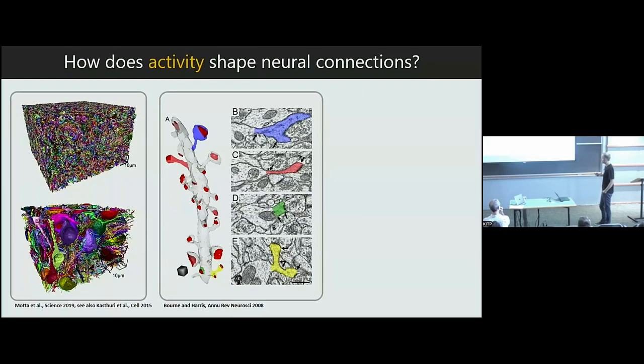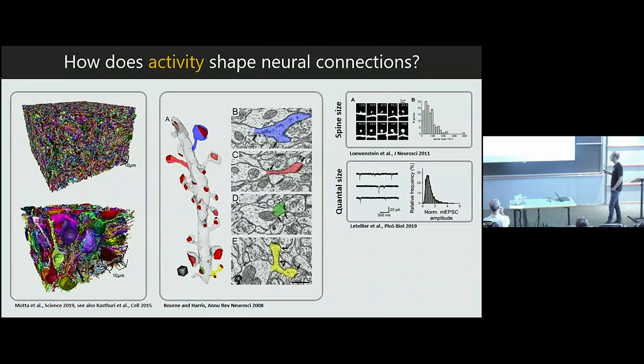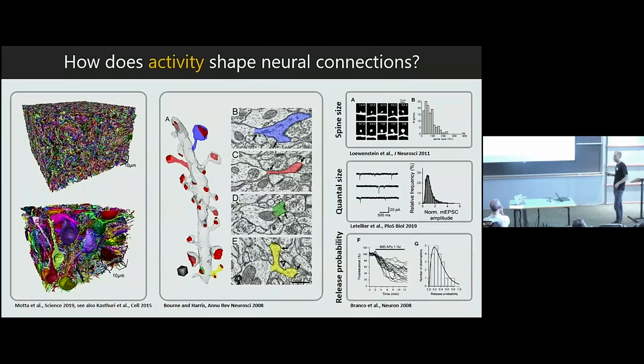So one way to quantify the diversity of those connections is to plot the distribution of synaptic parameters, including spine size, frontal size, and release probability at individual synaptic contacts. And if you do that, you will see that all those parameters follow a log normal distribution, showing a large range of values and a skewed shape.